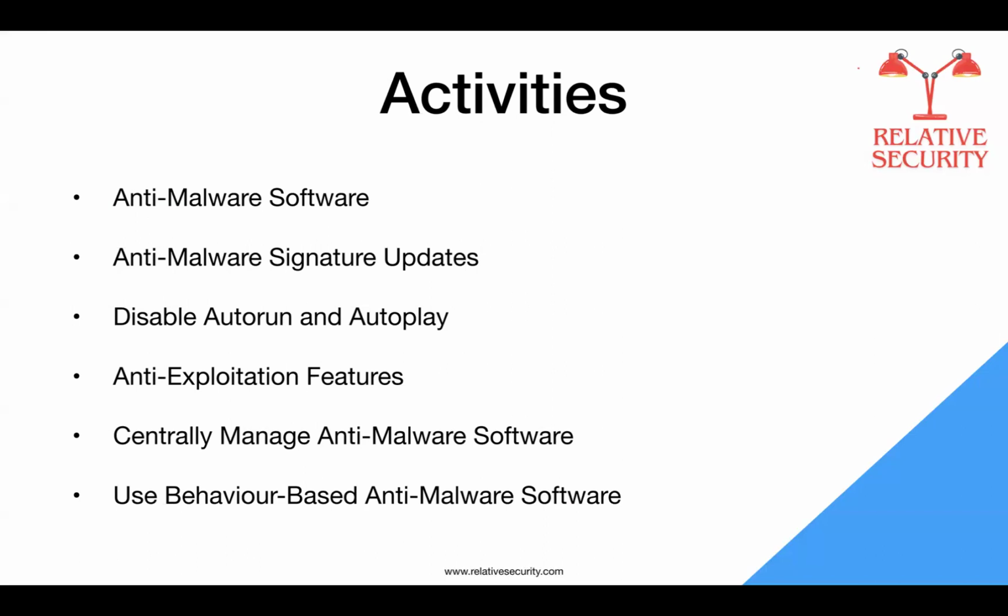But to make sure the system is working fine, automatic updates should be configured on the anti-malware solutions so that organizations can ensure that their anti-malware software is always up to date and capable of detecting and mitigating new threats.